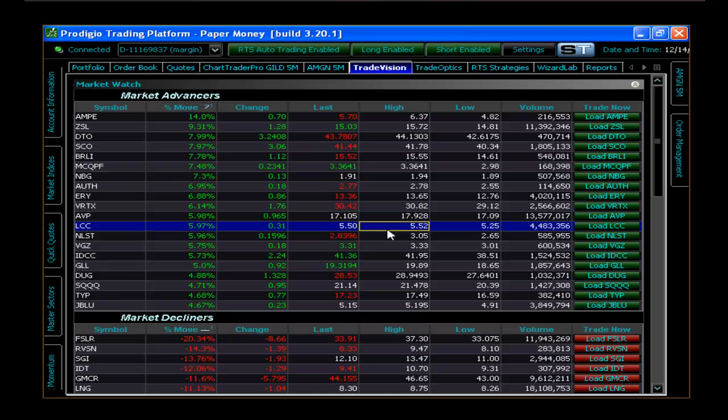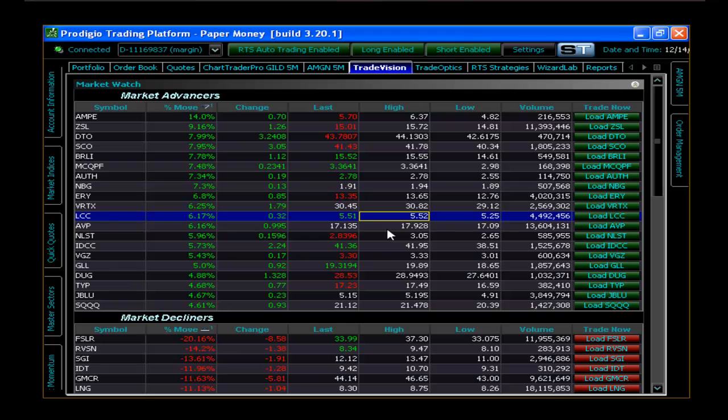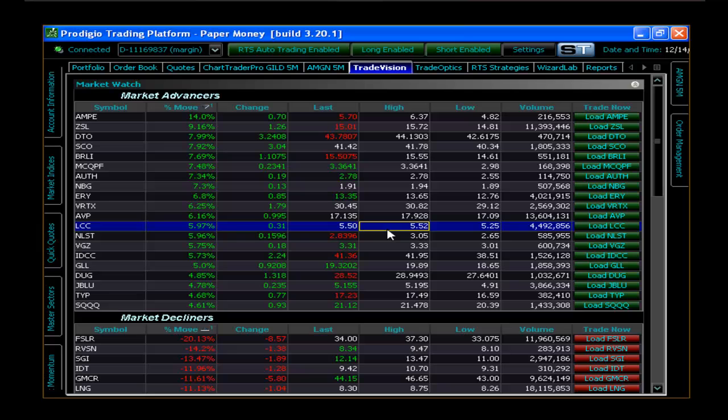So for example, you now will have a customizable market watch with advancers and decliners that goes exponentially beyond what we have today and what we believe is available in the market. So we're really excited to bring you these active trader platform features, and we're probably going to get to show some of these off in next week's chat. So you can look forward to that.